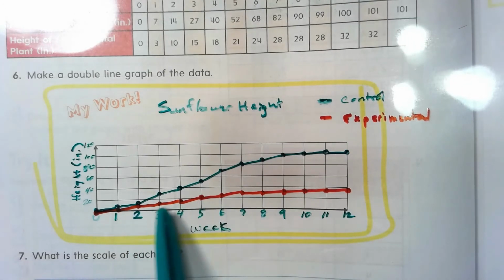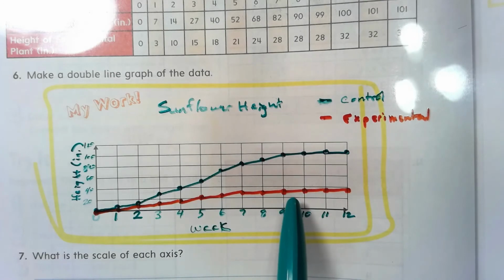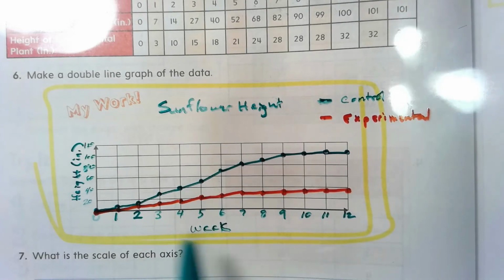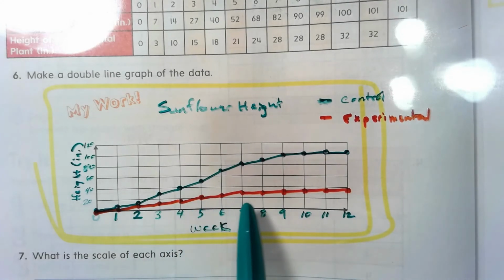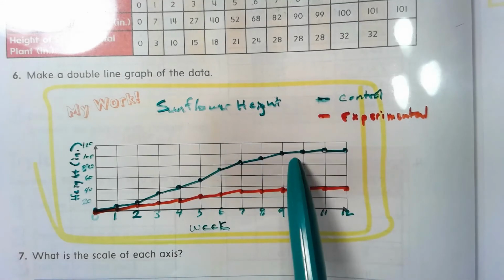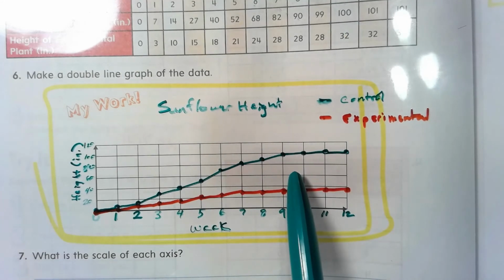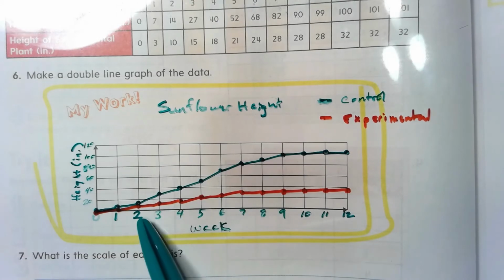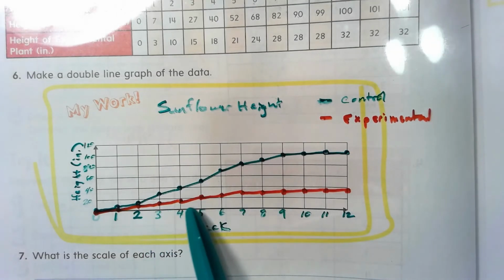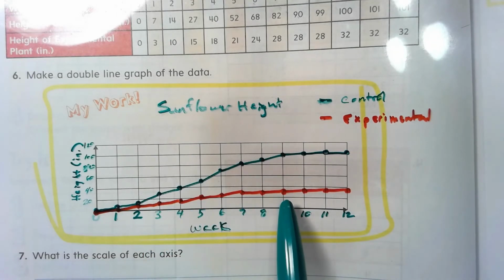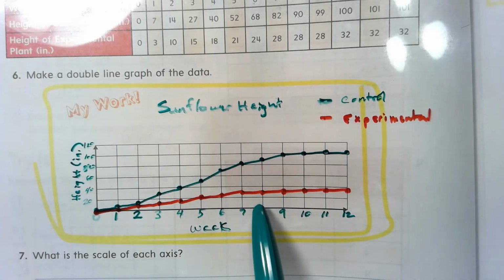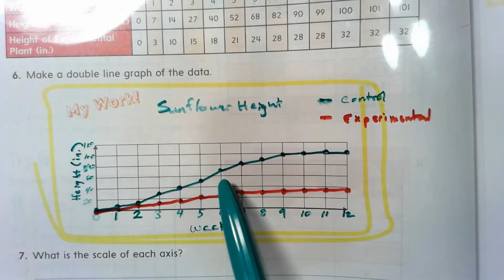It's not like the experimental plant just started falling off and dying. It continued to grow all the way up to about the same point as the control plant did, but whatever Juanita did to the experimental plant caused the experimental plant's growth to be significantly less than the control plant.